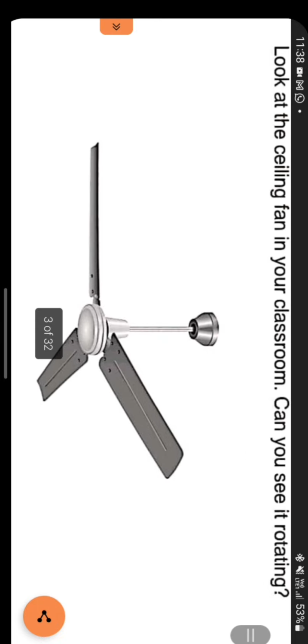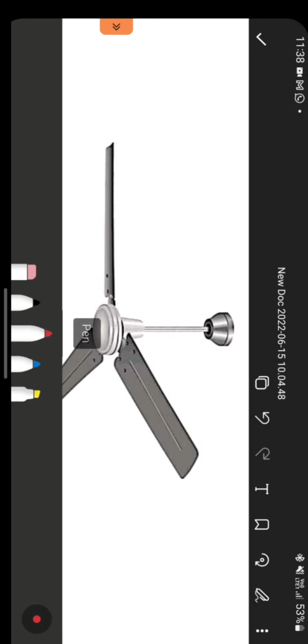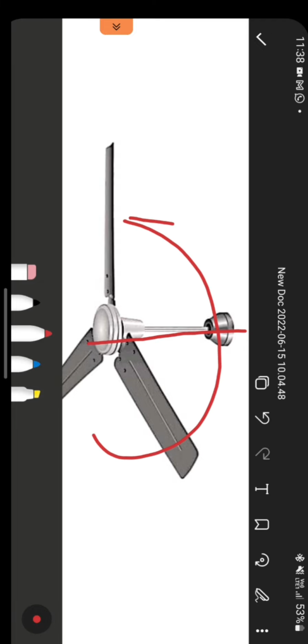Obviously it rotates with the help of the axis. This is the axis. This type of movement is rotatory movement, meaning the body itself rotates. Here the object is the fan, so the fan itself is rotating.